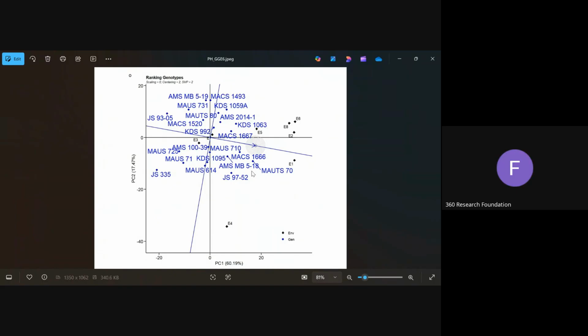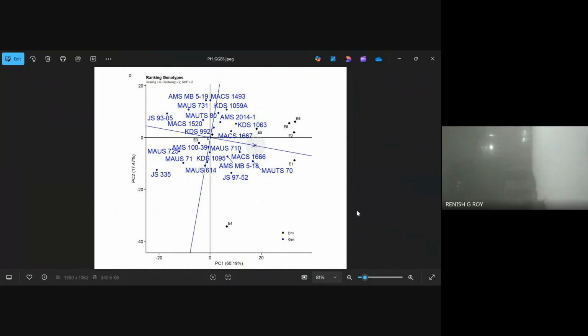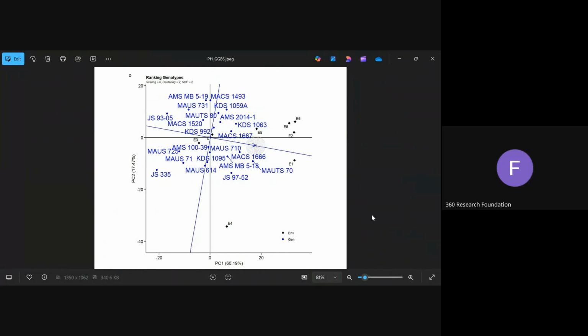So that genotype is consistently unstable in the ME also, and throughout the GGE also we are saying it is the least stable, unstable genotype. So that is how the ranking of genotypes works.